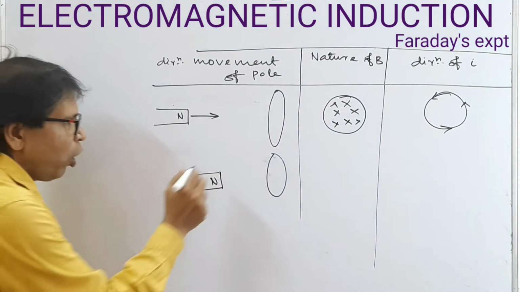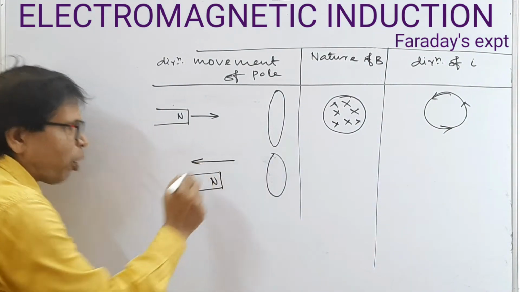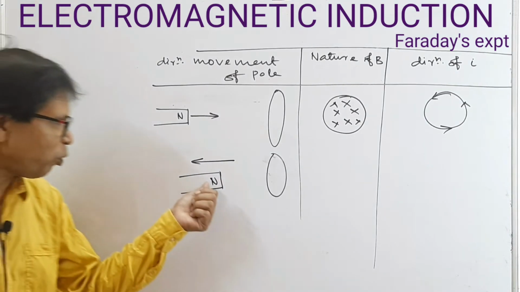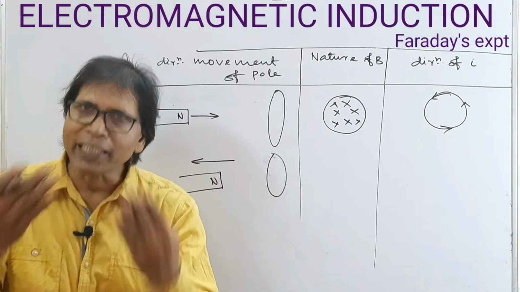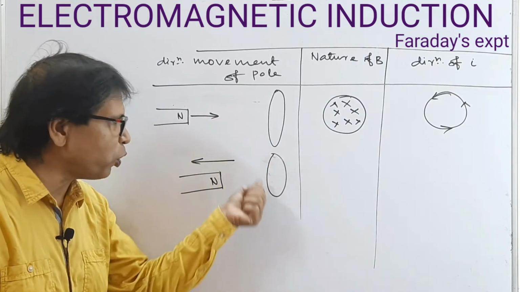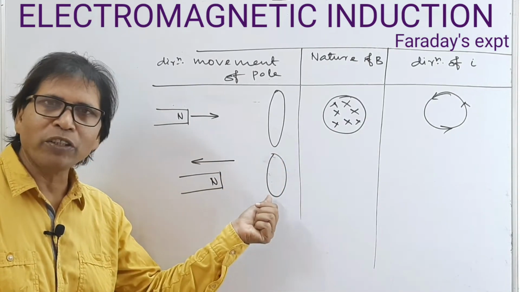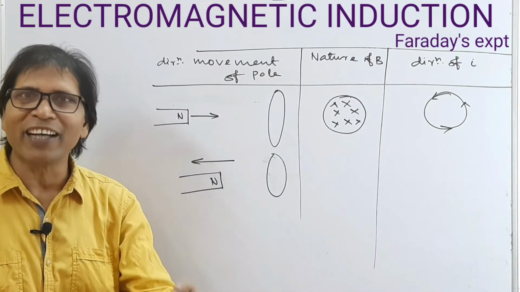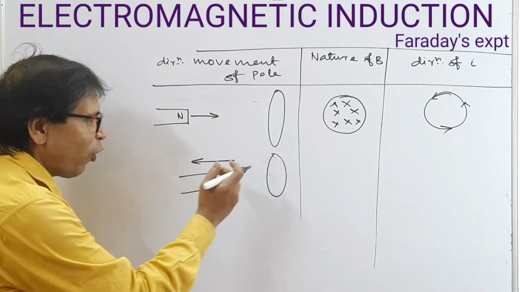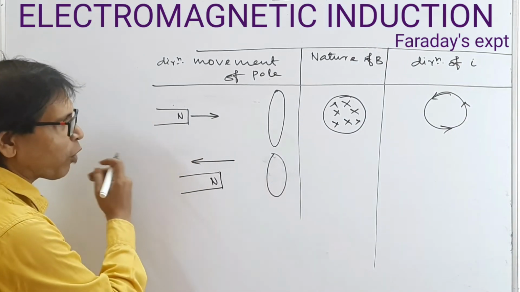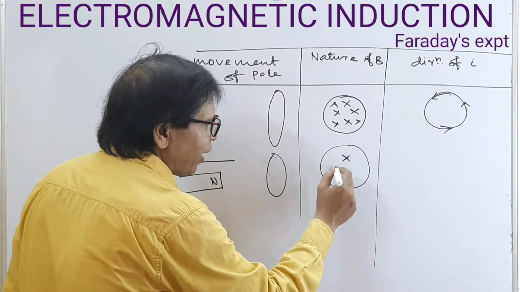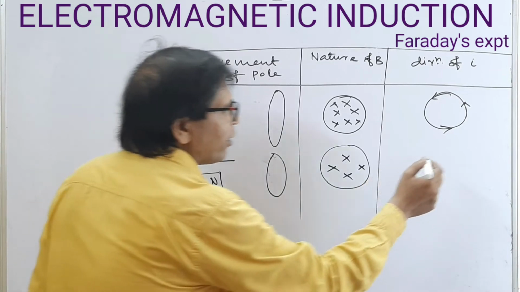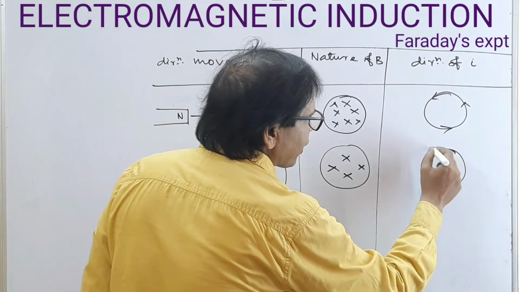Look at this. When the north pole moves away from the coil, the current flows in such a way that an S pole is produced in the coil. S pole produced in the coil means it is a clockwise current. When the N pole moves away from the coil, the cross magnetic field decreases, and this is the clockwise current.